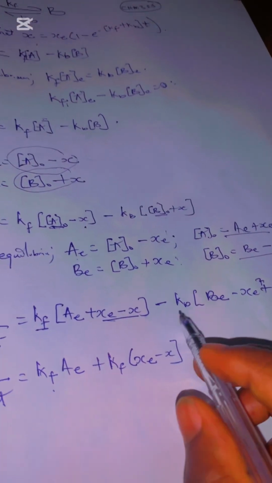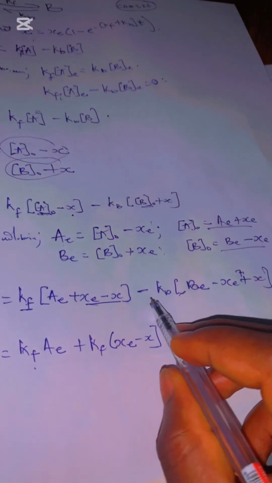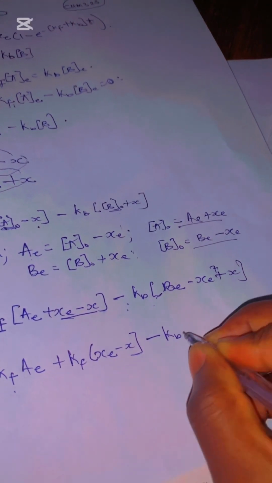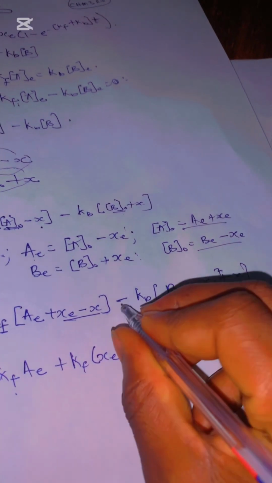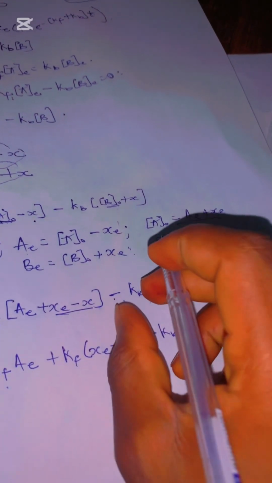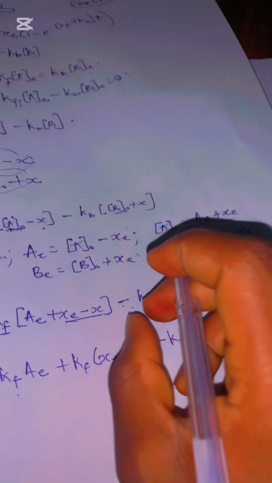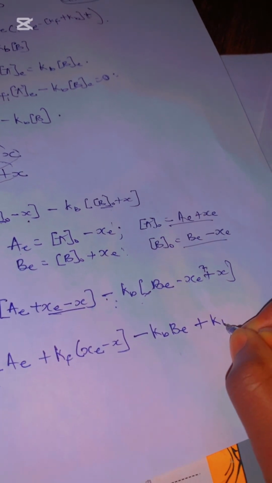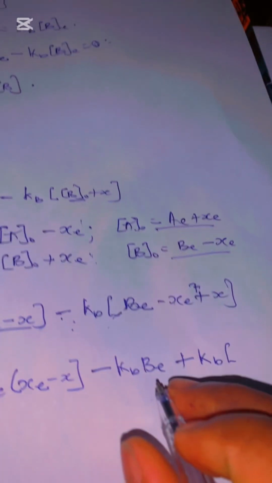Are we good? Now let's open this bracket. So if I use this to multiply this, I'm going to have minus kb, and then I have my be minus times minus. Now I want to use this kb to multiply these two things. If I bring this minus in, don't forget I'm going to have plus. So I have my plus kb open bracket. So we get this very well.